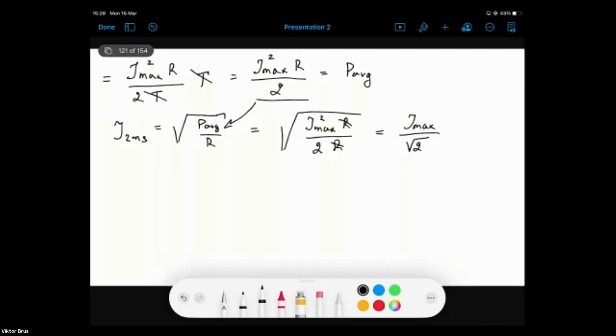So this is an important parameter, this RMS current, since most ammeters and voltmeters are designed to measure RMS values of alternating current, and RMS is also used in many equations in order to solve different problems.